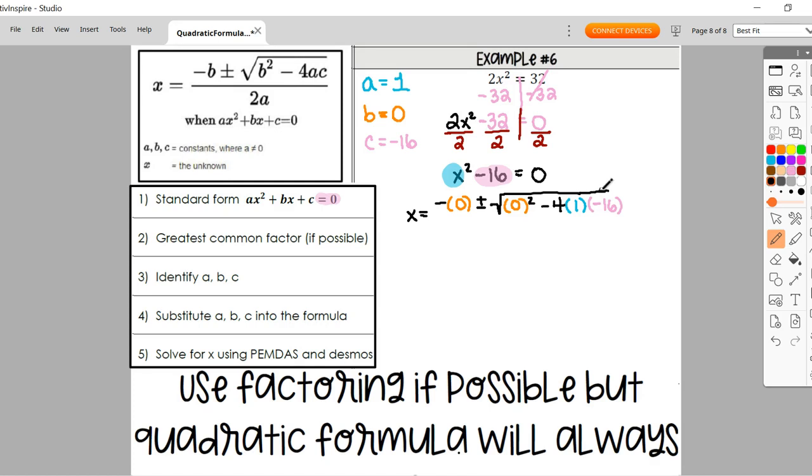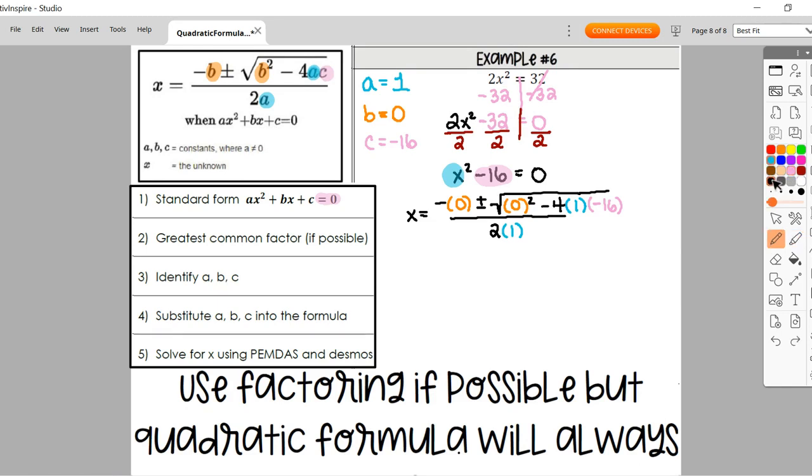And this will be all over our 2 times a, which is 2 times 1. So again, remember that everywhere we have an a in our formula, we replace it with 1. Everywhere we had a b this time, we replace it with 0. And every place we had a c, we replaced it with negative 16, using parentheses when we replaced all those three numbers.